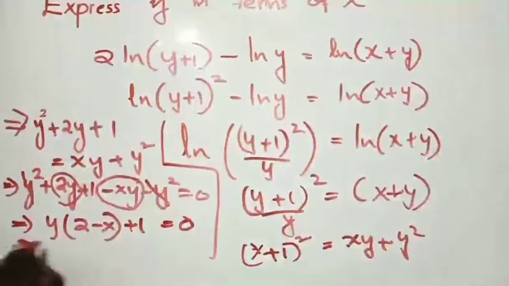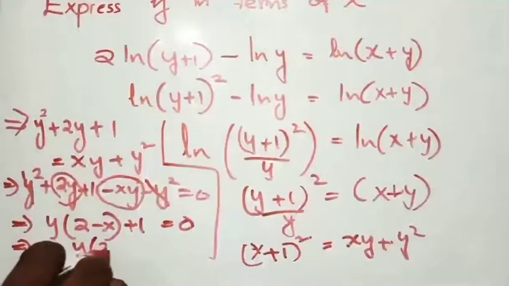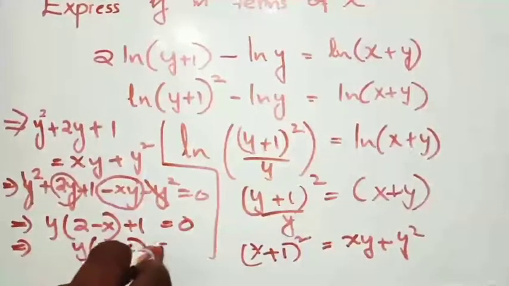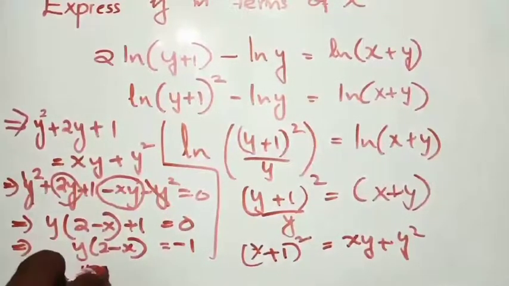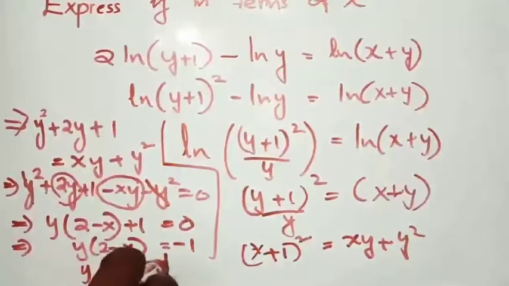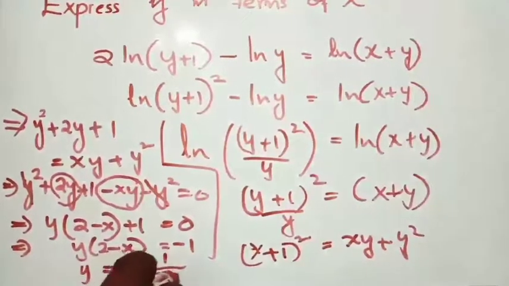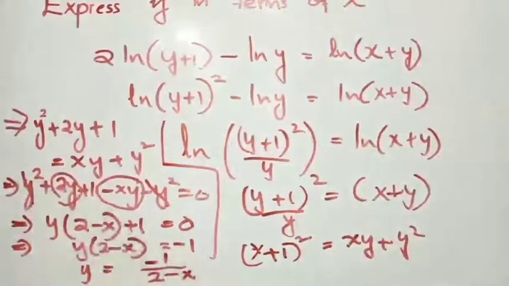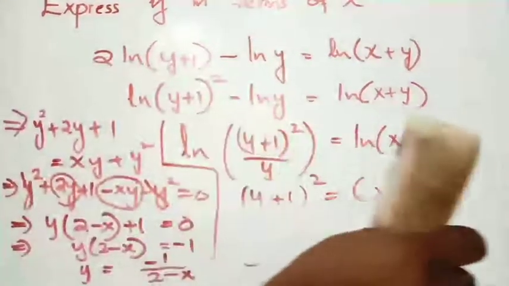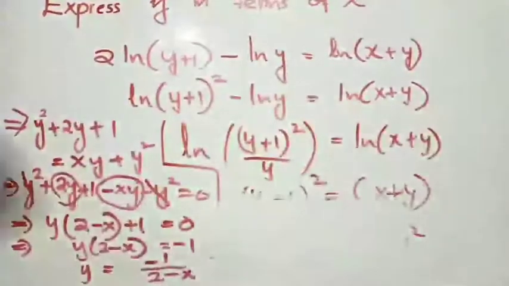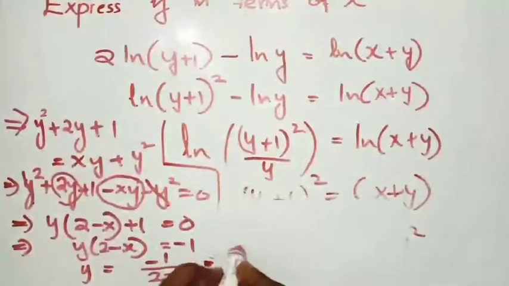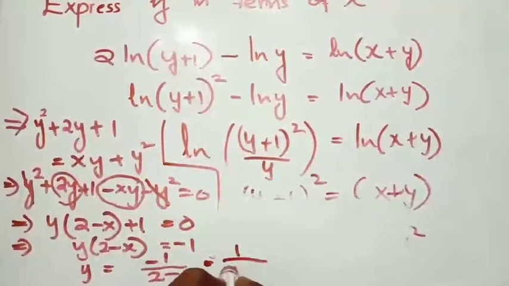It implies y times (2 minus x) is equal to minus 1, or y is equal to minus 1 divided by 2 minus x. It can be written as the final step, 1 divided by x minus 2.